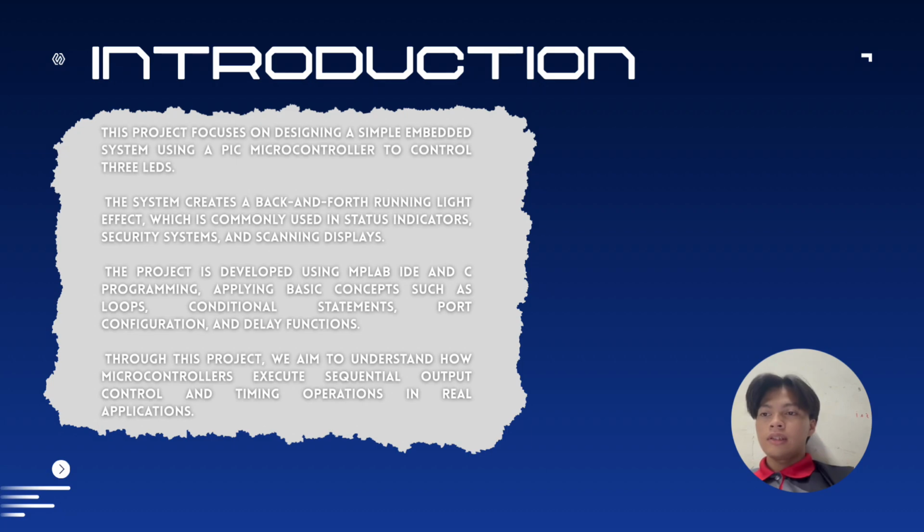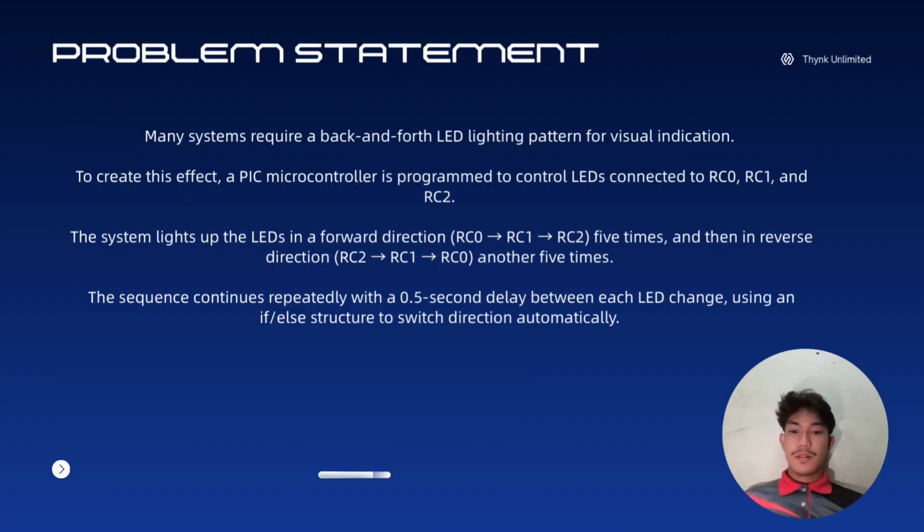The project is developed using MPLAB IDE and C programming, applying basic concepts such as loops, conditional statements, port configuration, and delay function. Through this project, we aim to understand how a microcontroller executes sequential output, control and timing operation in real applications.